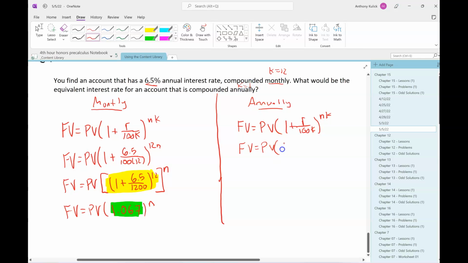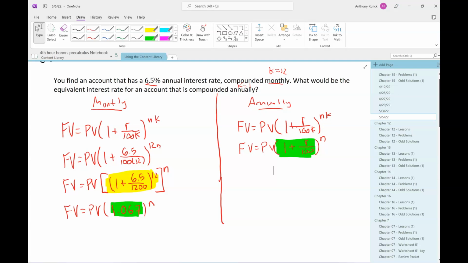K is 1. So I can say that those two things have to be the same. Everybody agree? Since everything else in the equations is exactly the same?